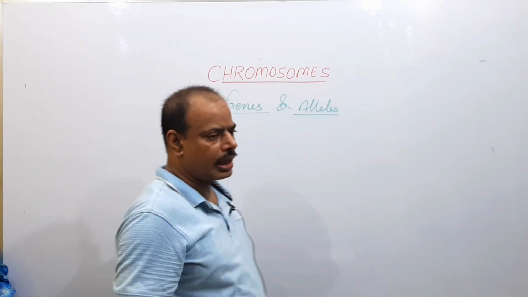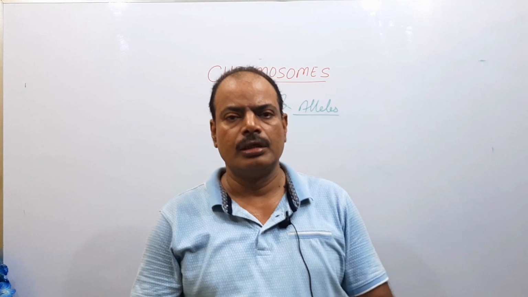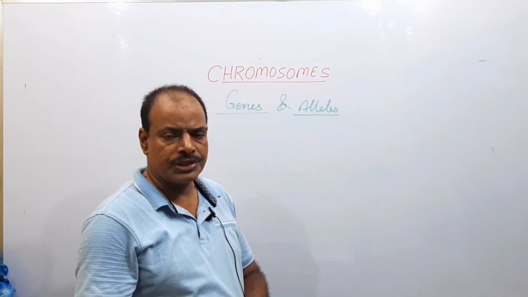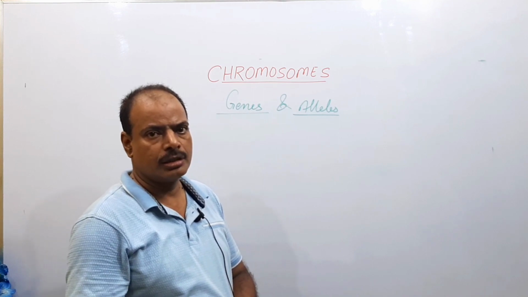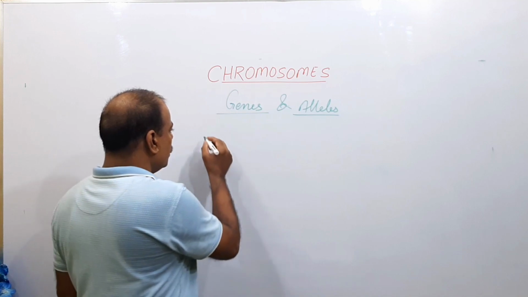If the genes or alleles are superruling, then these are known as dominant. When the gene or allele is submissive or subordinate, then it is known as recessive.